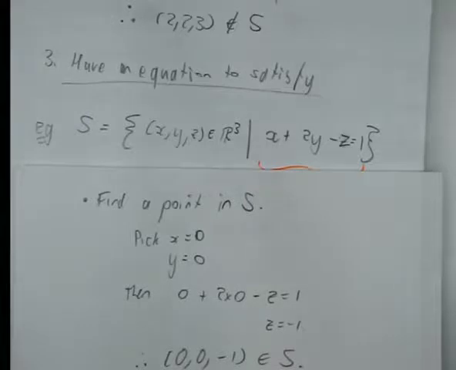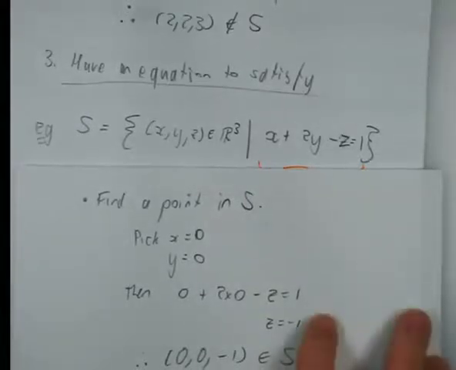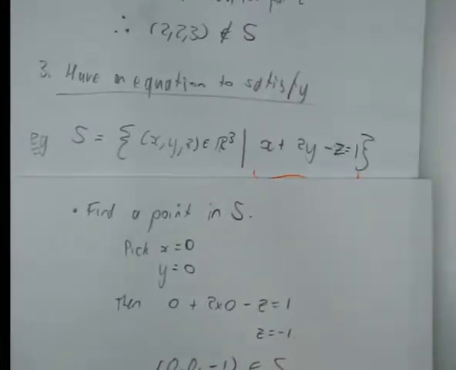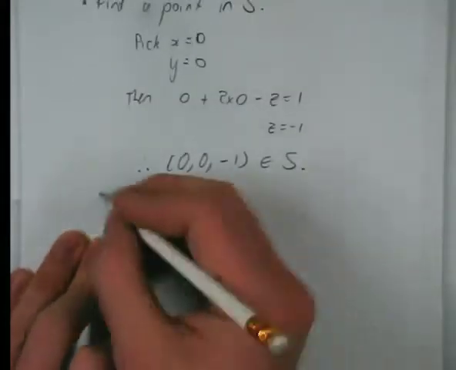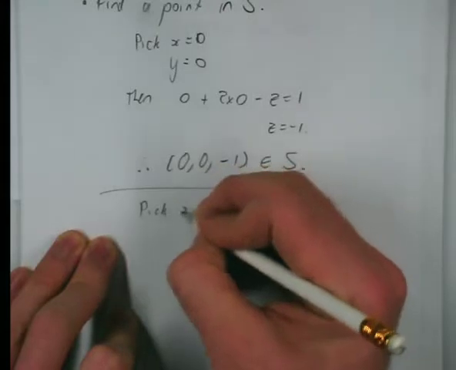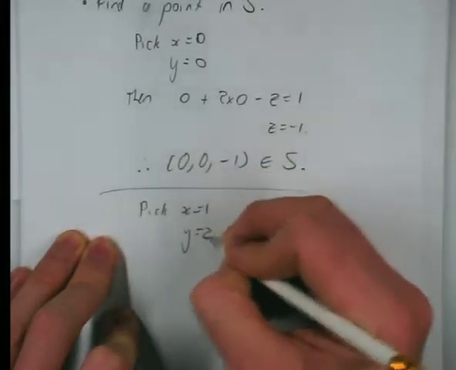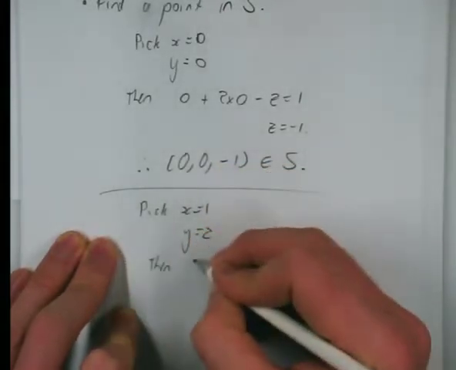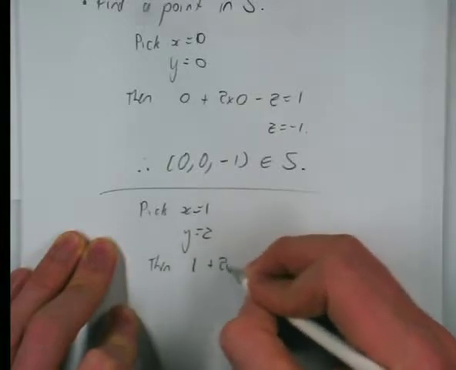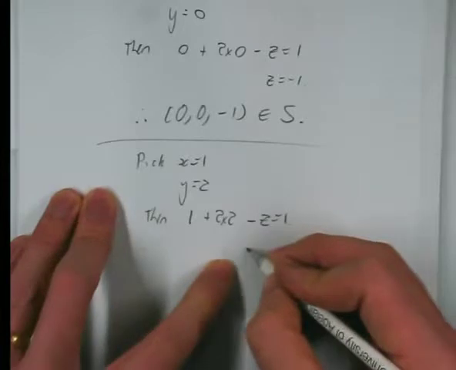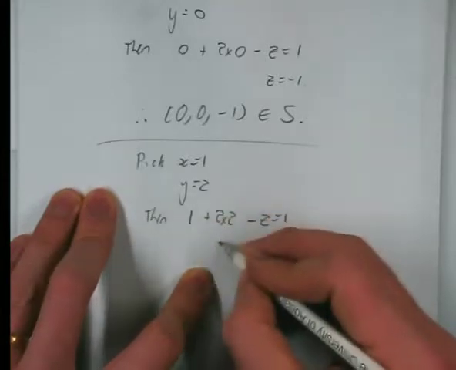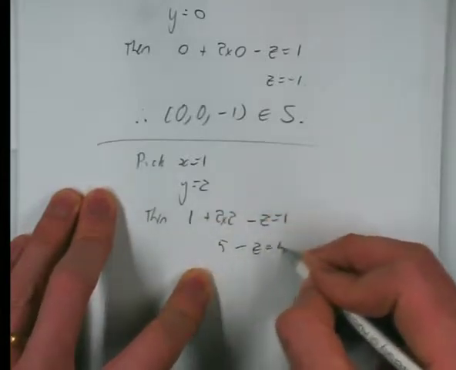So, yep, x equal 1 and y equal 2 or something. I would make a different point entirely. So that was a good point. So I could say, pick x equals 1 and y equals 2, then 1 plus 2 times 2 minus z would have to be 1, and so I'd get 5 minus z has to be 1.